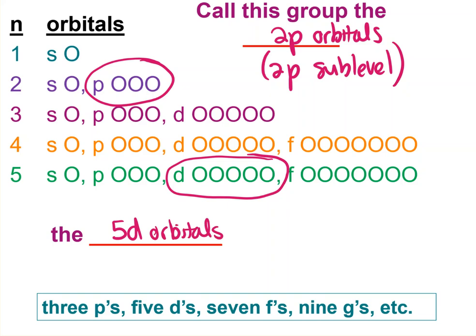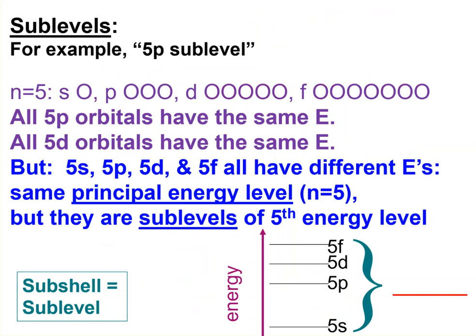And I might say something like this, which gets confusing. There are 1, 2, 3, 4, 5 5d orbitals. So you've got to really watch the language and understand that this is a description of a sublevel or a group of orbitals. And like I just said, we call these sublevels when we're talking about this whole set.